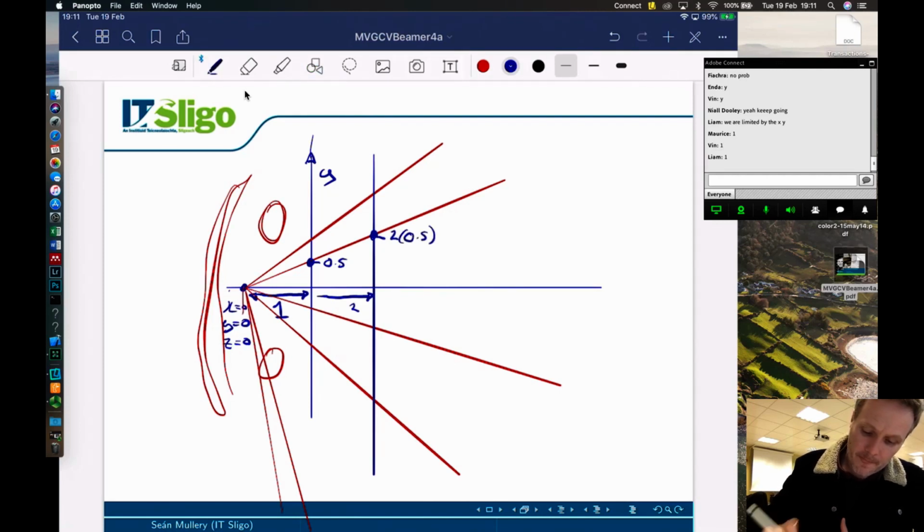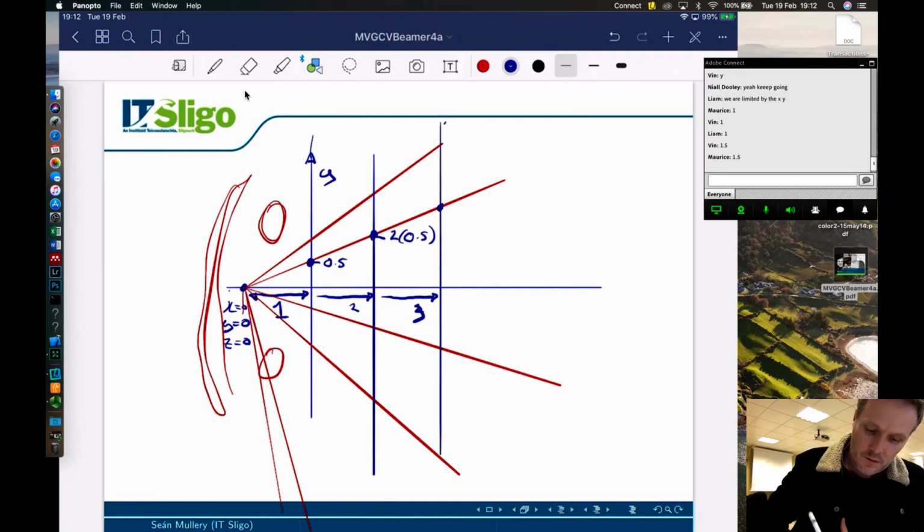And if I moved it to position 3, I'll draw a line straight down as best I can. What position are we at there? Yep, so 3 times 0.5.